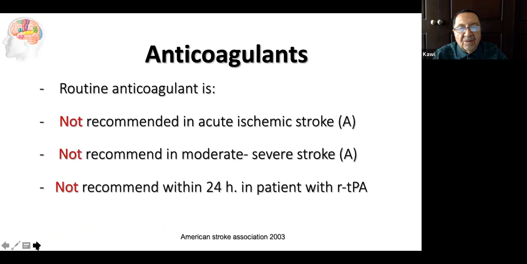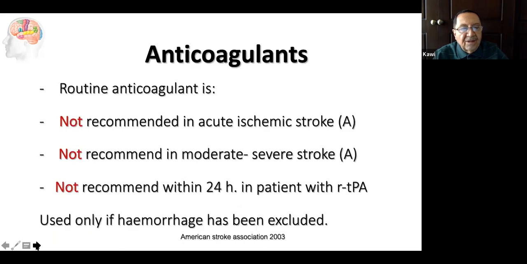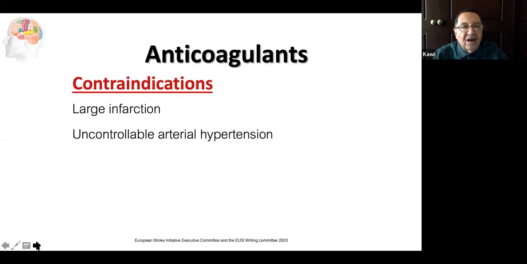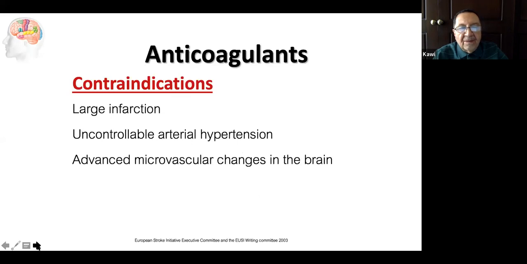And it is not recommended within 24 hours after receiving recombinant tissue plasminogen activator, and used only if hemorrhage had been excluded. So the contraindications for anticoagulants: if there is a large infarction, if there is uncontrolled arterial hypertension because it may cause intracerebral bleed, or in advanced microvascular changes in the brain.